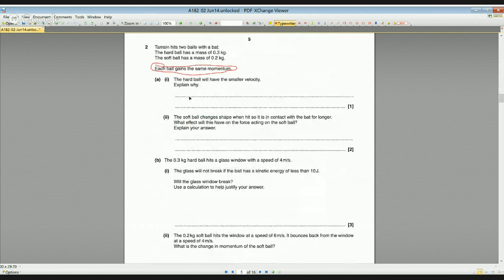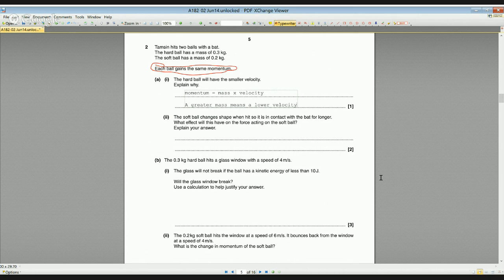So if momentum equals mass times velocity, that would suggest that a greater mass means a lower velocity. In order to keep the momentum constant here, you'd have to have a lower velocity if you have a higher mass.